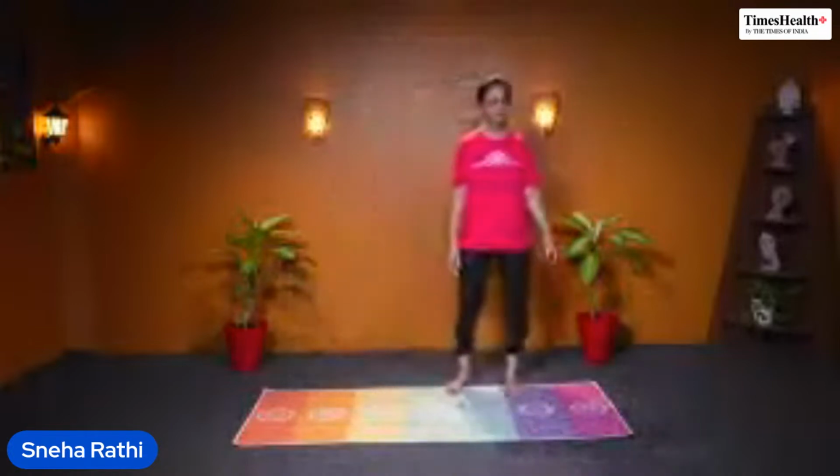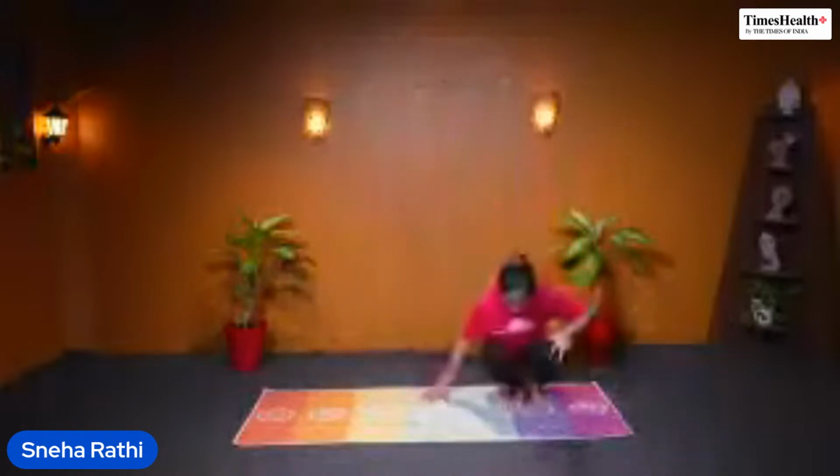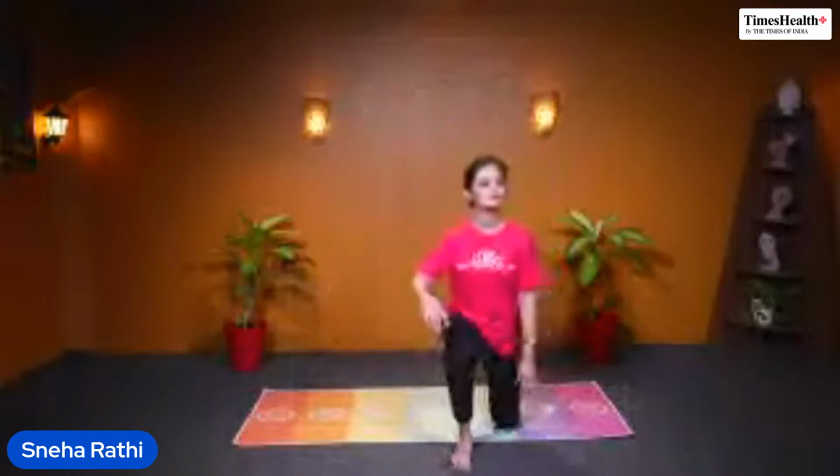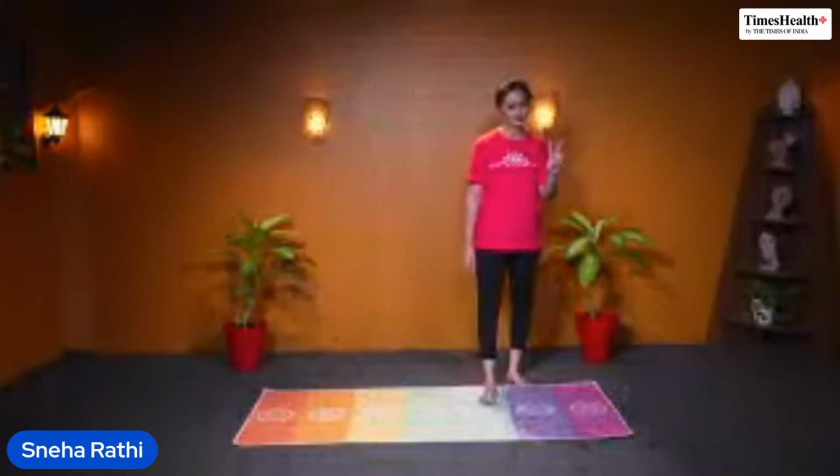Okay, once again, sitting on the floor, going into side sitting, coming on your knees, one leg forward, getting up from the floor. This is the second way of getting up from the floor. So the first one, demonstrating again in case it was frozen, going on quadruped, keeping one leg forward, getting up from the floor. Okay, so this was the first way of getting up from the floor.